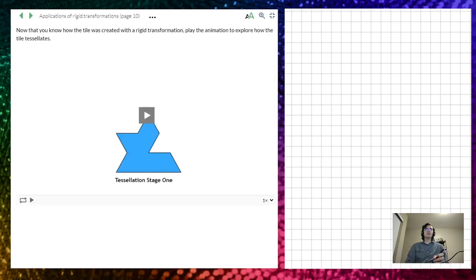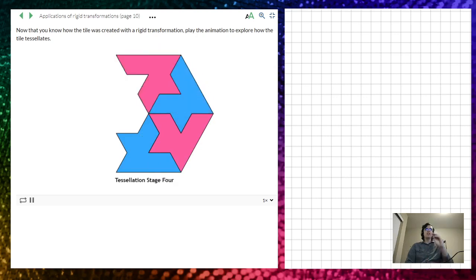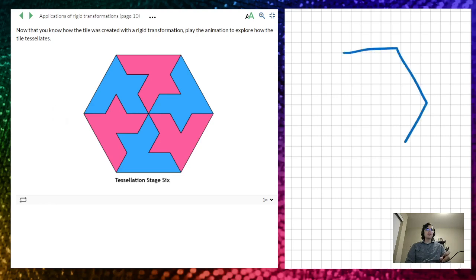So we have our original shape, and now we're going to use a rigid transformation to tessellate with it. So you'll notice they are rotating this original figure, the shape, to form my tessellation, which works. Let's examine the rotated version, the final collection, right?